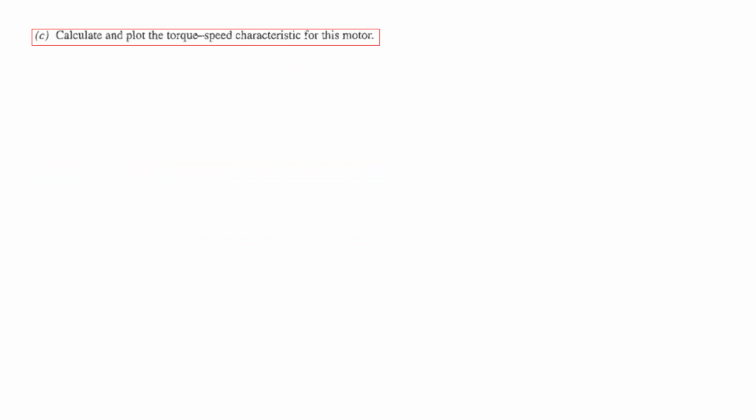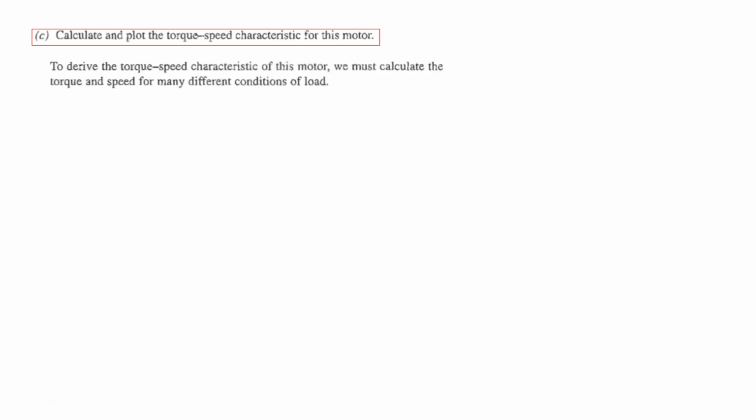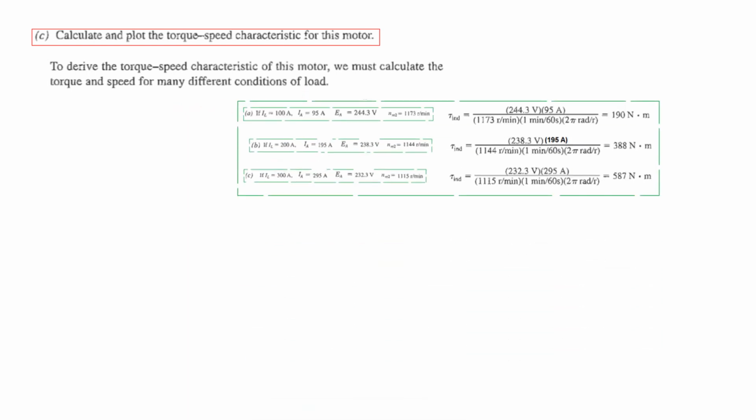And now the third part, calculate and plot the torque speed characteristics of this motor. Now to derive the torque speed characteristics of the motor, we must calculate the torque and speed for many different load conditions. If you remember, in the previous example, we had calculated for different current loads, 100 ampere, 200 ampere, 300 ampere.